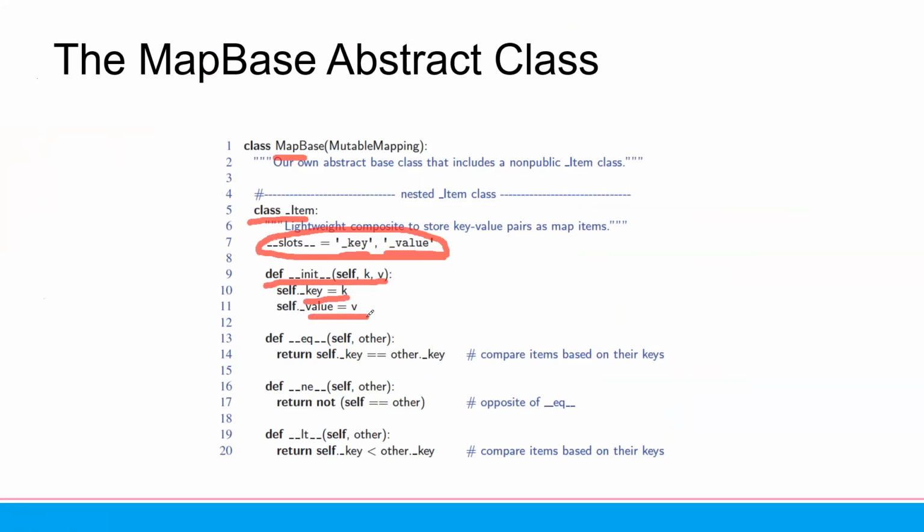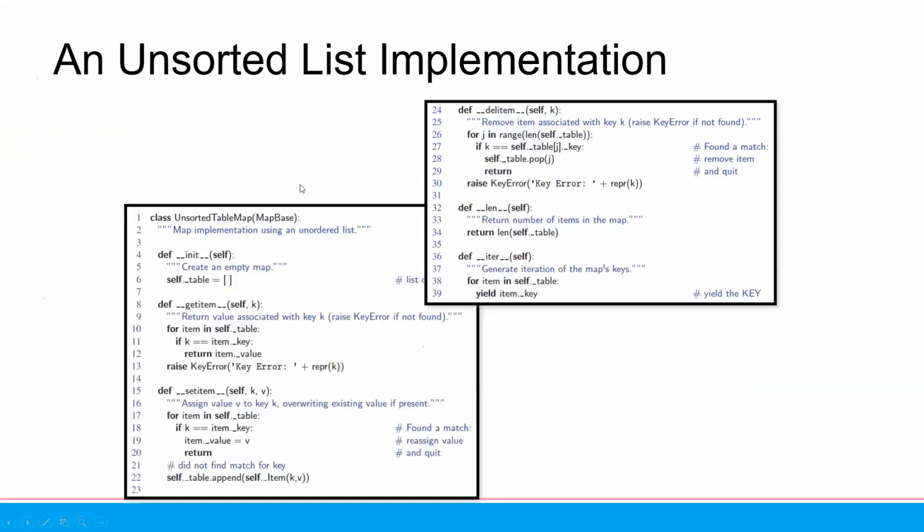Then we can define the common properties. The common properties means we have equal, so we want to check whether the key is the same as the other key or not. Not equal: we want to check whether the object is not the same as the other object. Or whether the key is less than the other key, and so on. So if we have a subclass of the map base, then we will inherit the superclass.